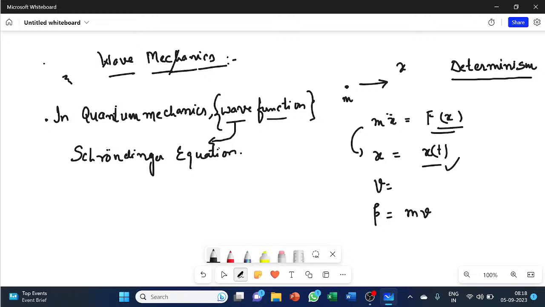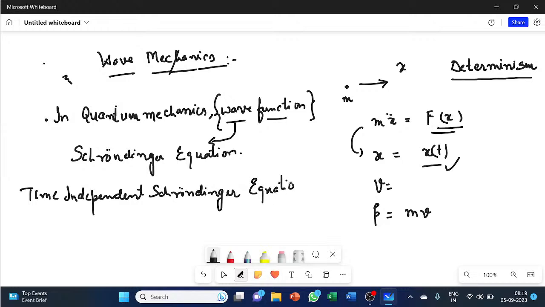Right now we are actually concentrating on the time independent Schrodinger equation, and a few of the things related to it. So let us start with that.